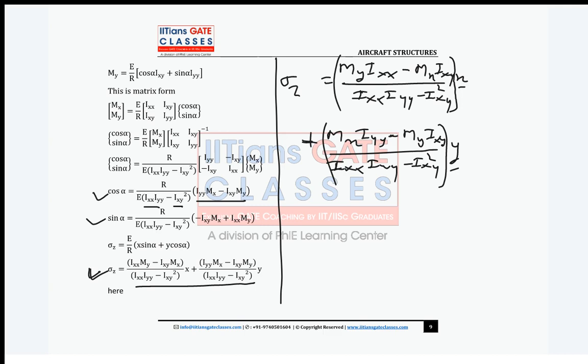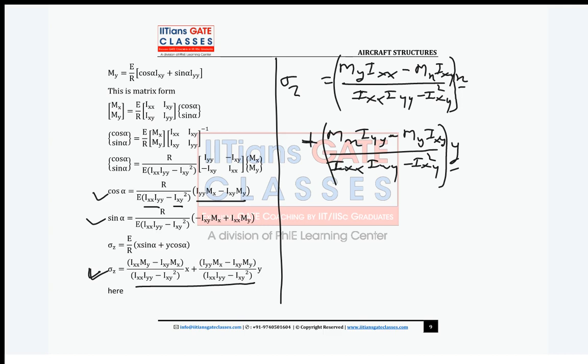Can you remember this formula even if you don't know the derivation? See, they may ask derivation in your engineering semester exam. If you write aircraft structures in engineering semester, they may ask derivation, yes or no, right? But in GATE, they are not going to ask derivation any time, right? You must know this formula.